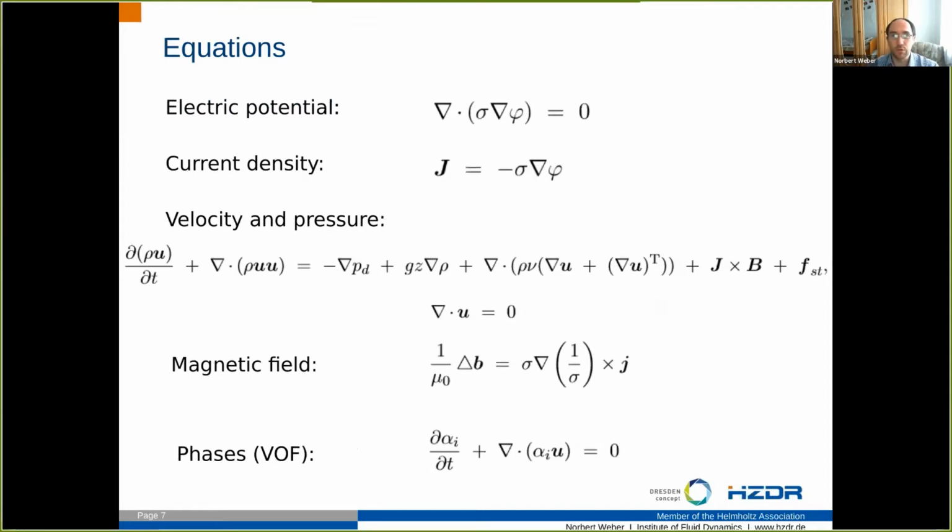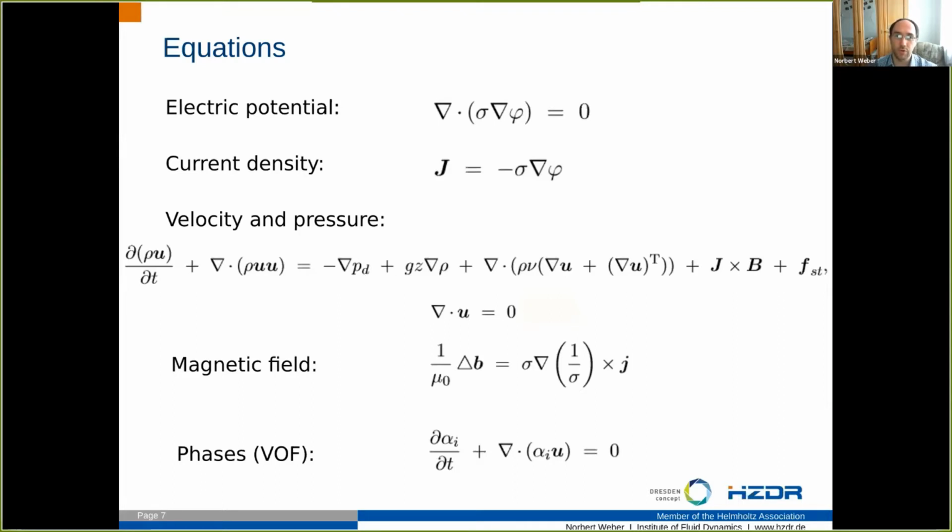For these simulations, we simply used multiphase interFoam, but we also added the solid region of the foam on the top. We solve, as usual, the Navier-Stokes equation, we solve the phase fractions and so on.